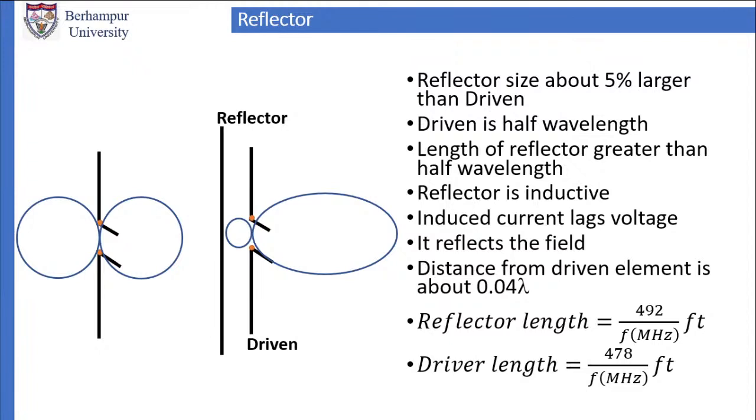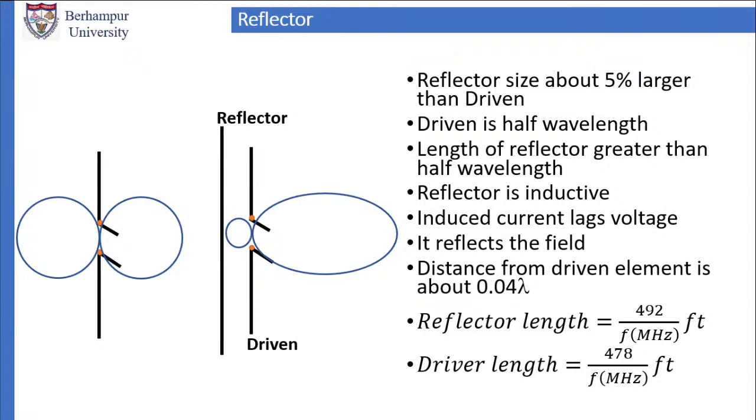The size of the reflector is about 5% more than the driven element or the active element. The driven element is half wavelength in length. The length of the reflector is greater than half wavelength because it is greater than the driven element.